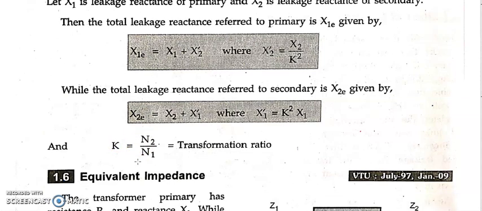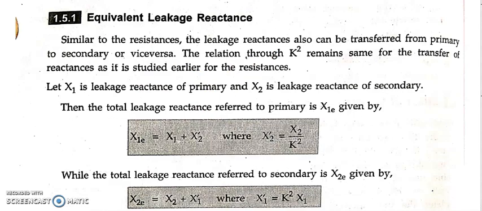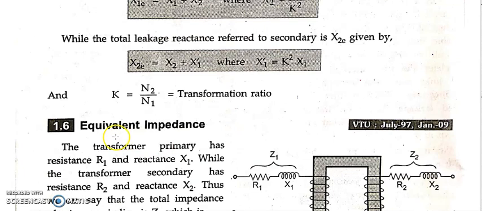Now, since we have accounted for leakage reactance as well as winding resistance, we will account for the combination of both. If I want to account for both together, I am going to call it equivalent impedance.